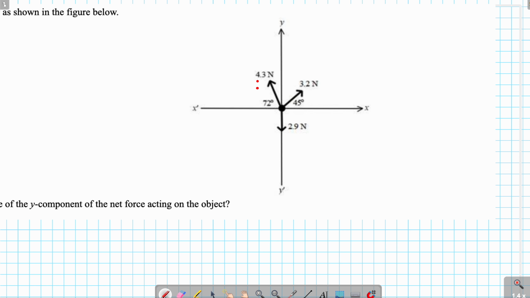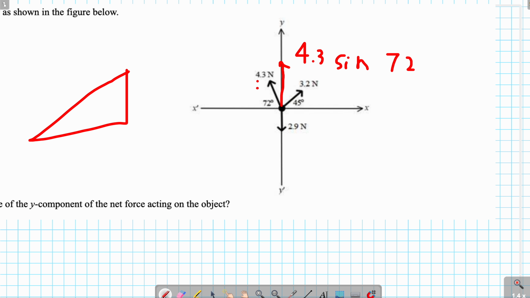So this is going to be 4.3 sine 72. Now let's work with the other force, 3.2 and angle of 45. Same thing. Let's draw the right triangle like this, 45.